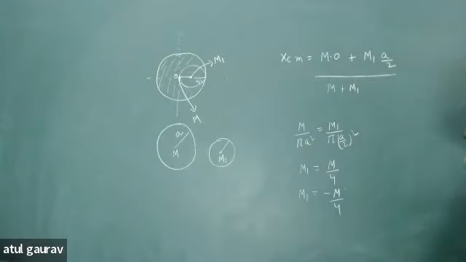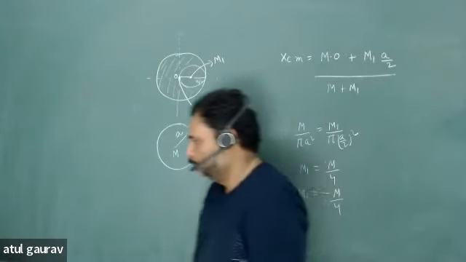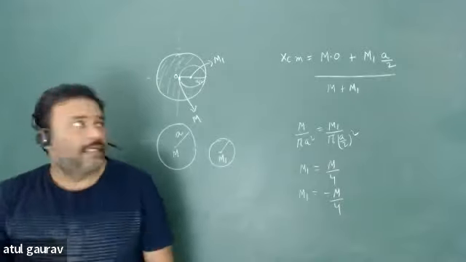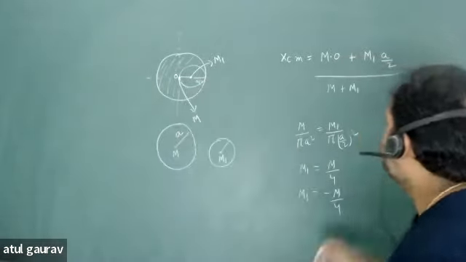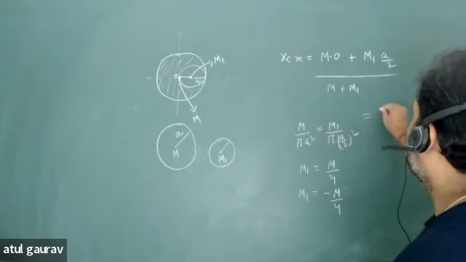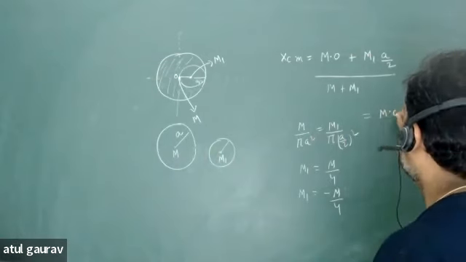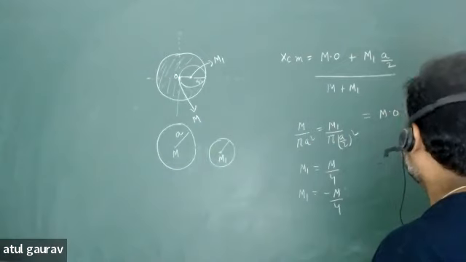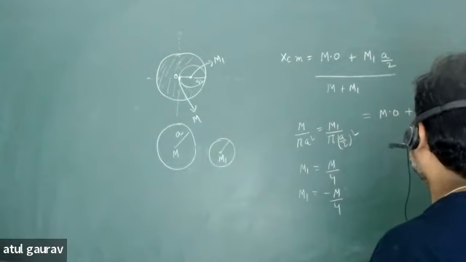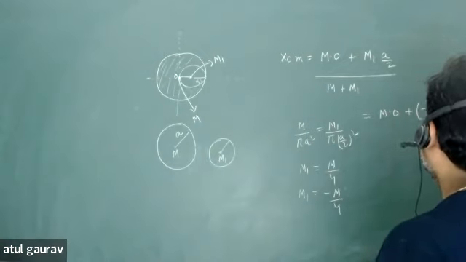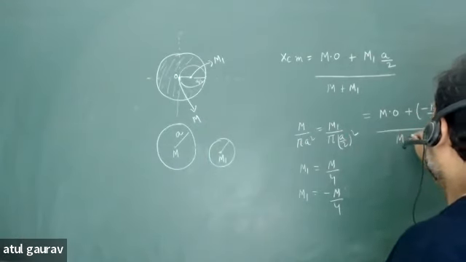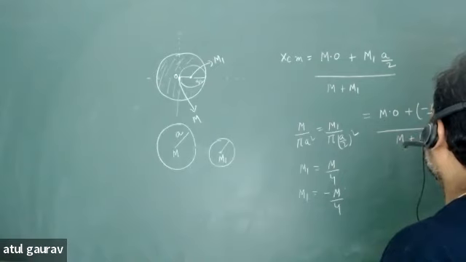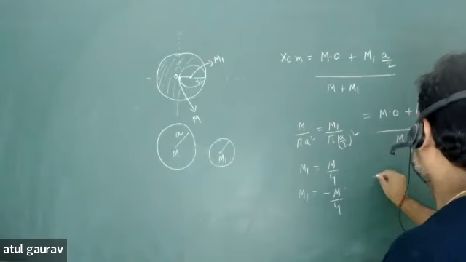You can write it, right? Yes, sir. And now you can put it into this particular equation. Then what will happen? This value is equal to m into 0 plus minus m by 4 into a by 2, and here is m plus minus m by 4. So what will be this value?